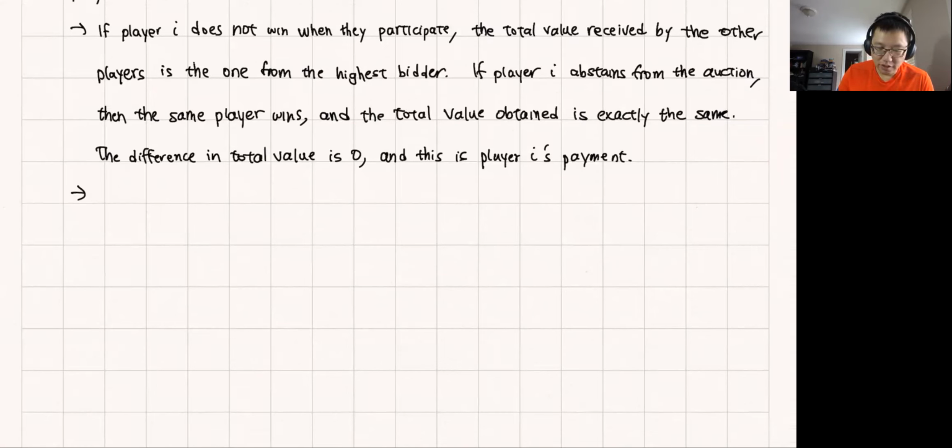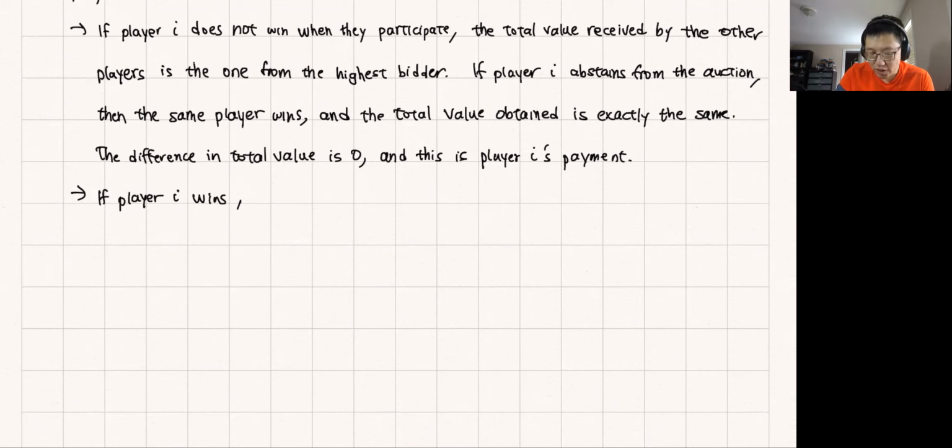All right. So the more interesting case is when player I does participate and win. Suppose that player I wins. Then they are the only one who gets the item, so they are the only one who gets any value out of it.